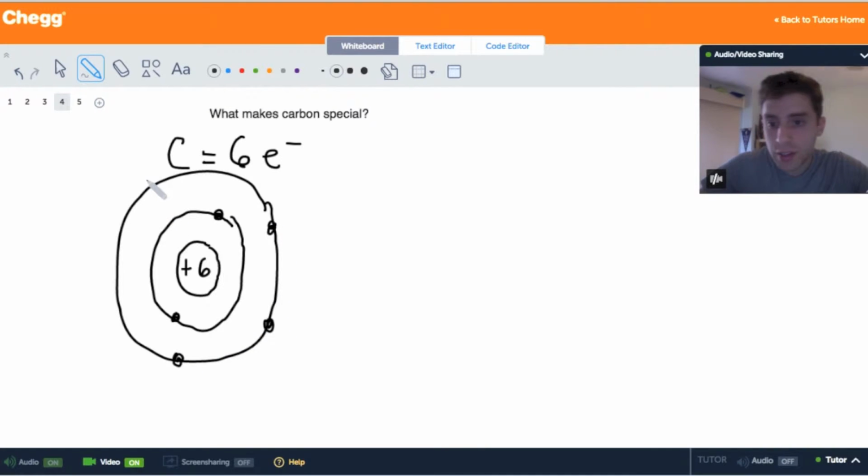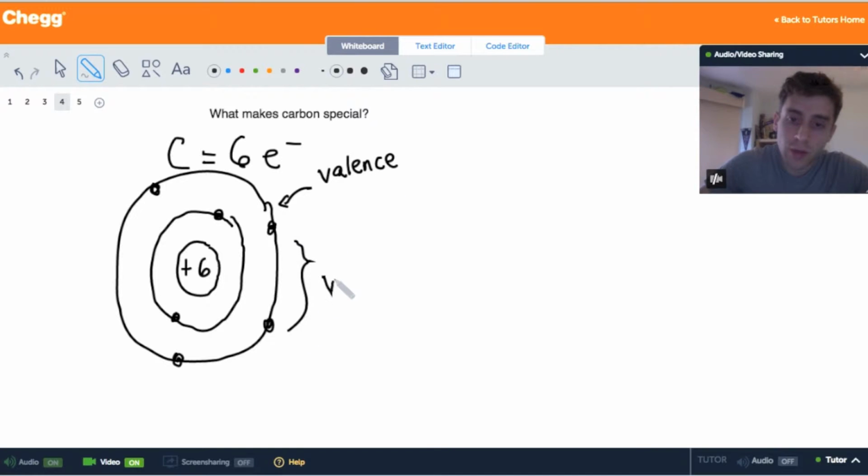The outer shell of an atom is responsible for its bonding. This is the valence shell. These four valence electrons are responsible for the bonding of carbon to other atoms.